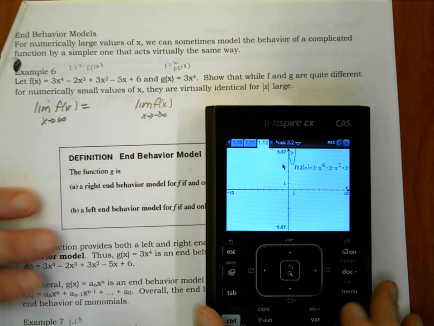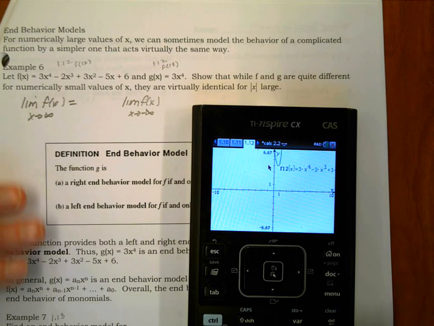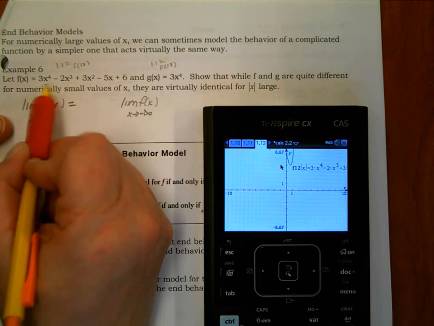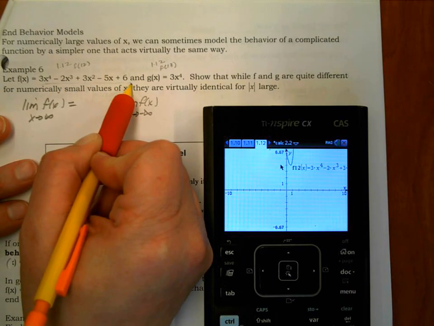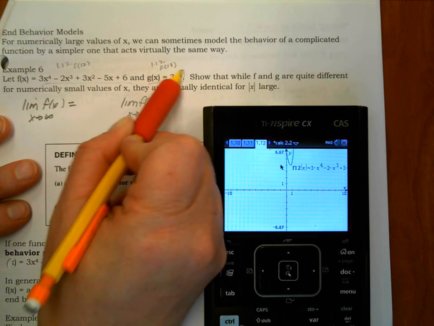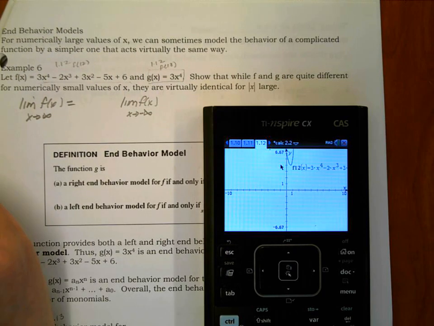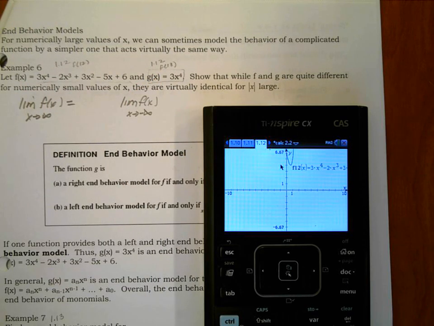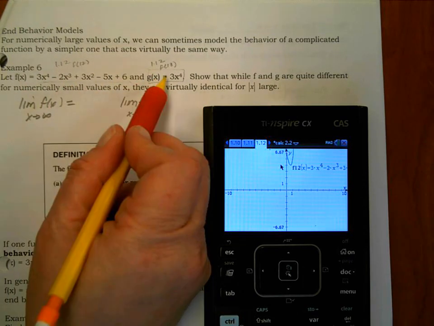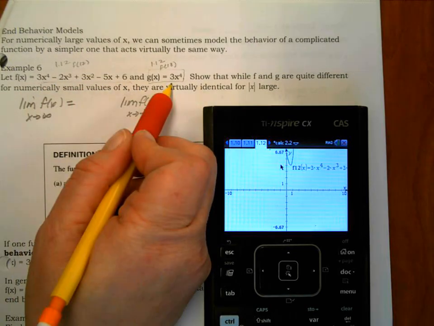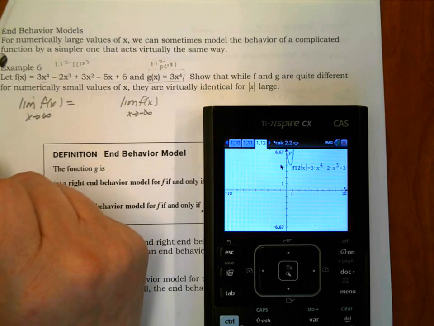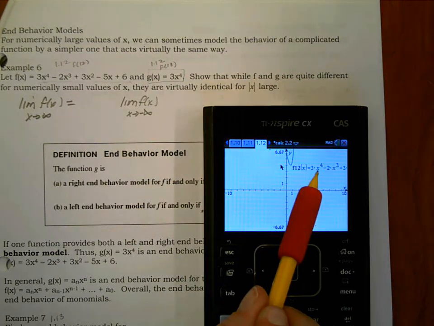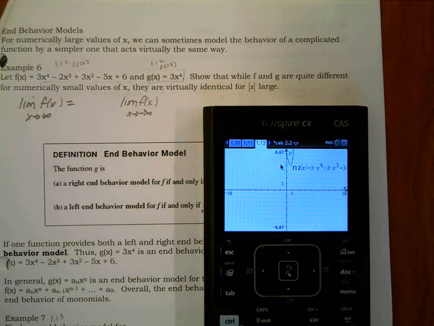And so what mathematicians realized was that instead of having to graph this whole thing, the end behavior of this was the same as the end behavior of this much simpler function, really just the leading term. They would have way different answers if you compare them in a table, but the end behavior is the same. So here is the 3x to the 4th minus 2x cubed plus 3x squared minus 5x and so on.